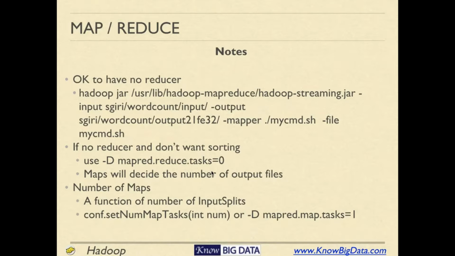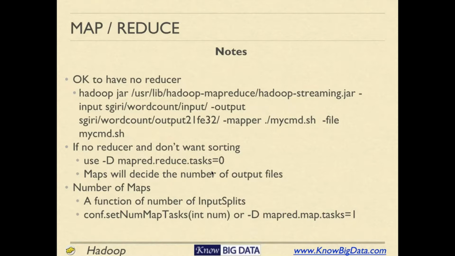So the number of mappers is generally a function of the number of input splits, which are equivalent to the number of blocks in HDFS. After reading raw data from the input HDFS block, that block is converted into an input split, and then the input split is consumed by each mapper. Generally the number of mappers is a function of input splits, but you can change it.